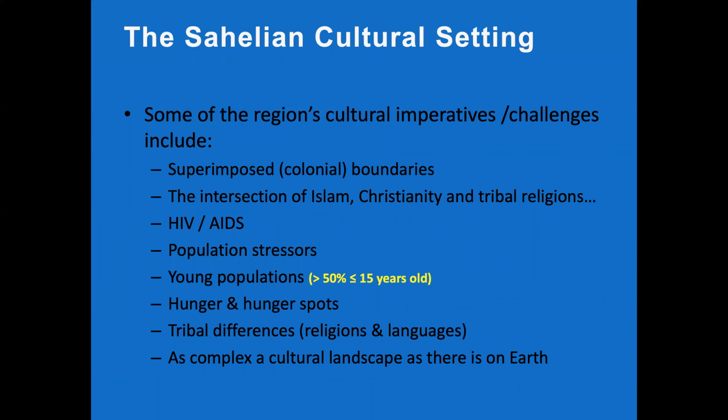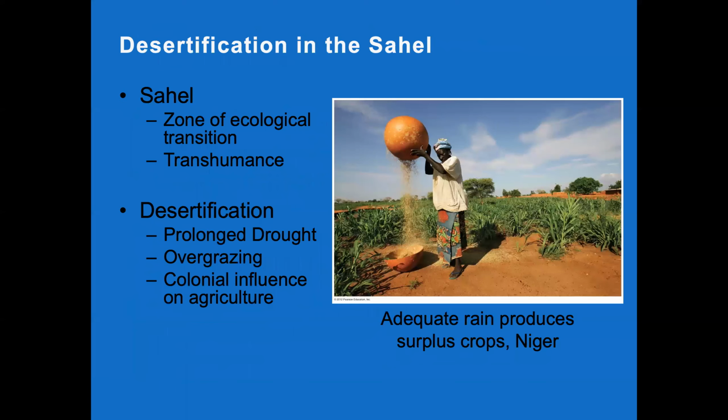Some of the cultural settings, of course, involve the intersection of religions, colonial boundaries, and young populations. As a result, you have an area that is more vulnerable than other regions to things like desertification, climate change, and so on.